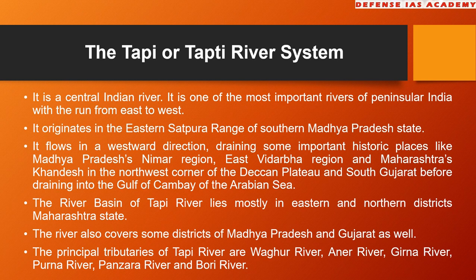Next is the Tapi or the Tapti river system. It is a central Indian river. It is one of the most important rivers of peninsular India, running from east to west.